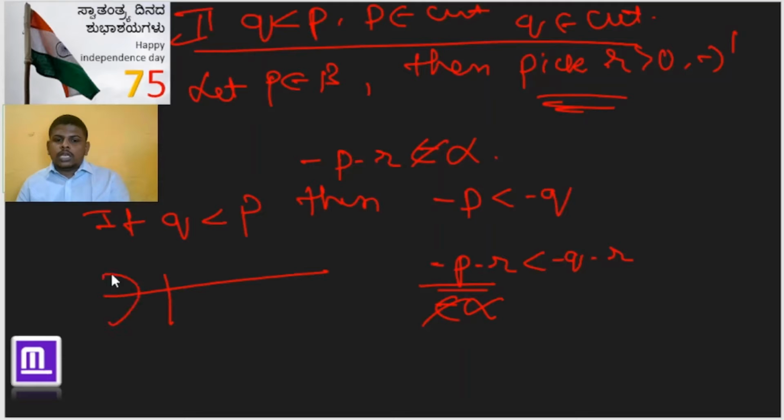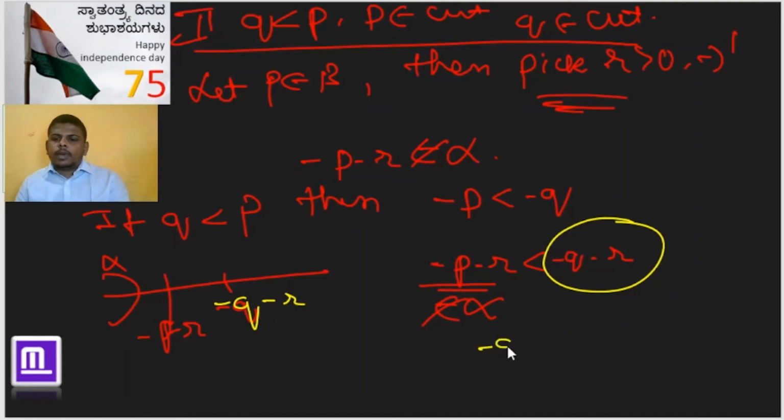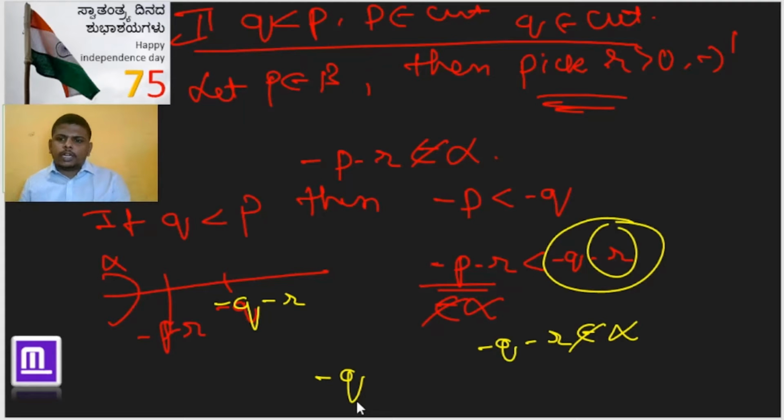So here is our alpha, here is our minus p minus r, and here we are getting q. This minus q minus r is coming greater than the minus p minus r. So definitely minus q minus r does not belong to the alpha for the same r.